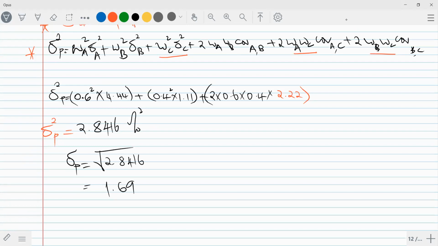You get 1.69% to be the risk of the portfolio. I hope the process was quite clear on how we get the risk of the portfolio. In this case, it's only a two-asset portfolio.